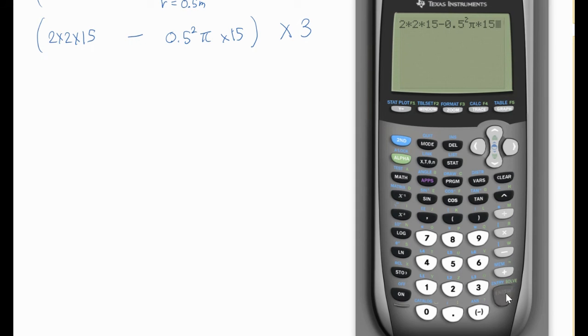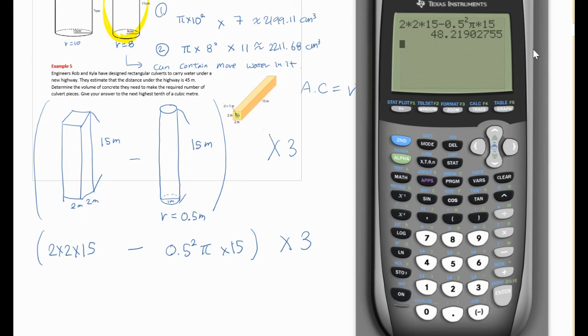So this is the volume of one culvert, and we need to multiply this by 3 because we need 3 of them. Okay? Then the answer is 144.65.